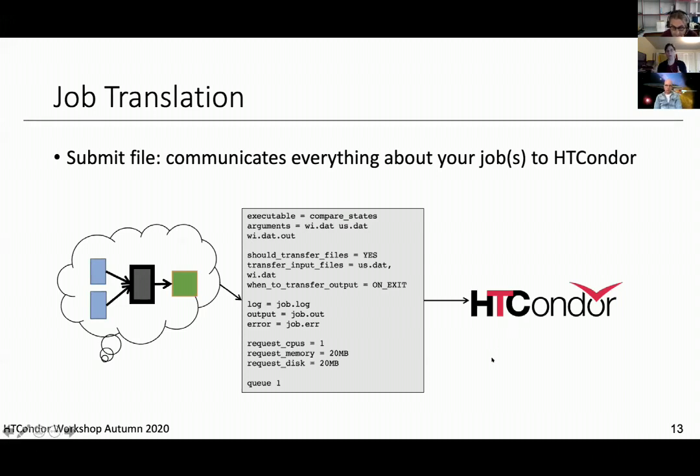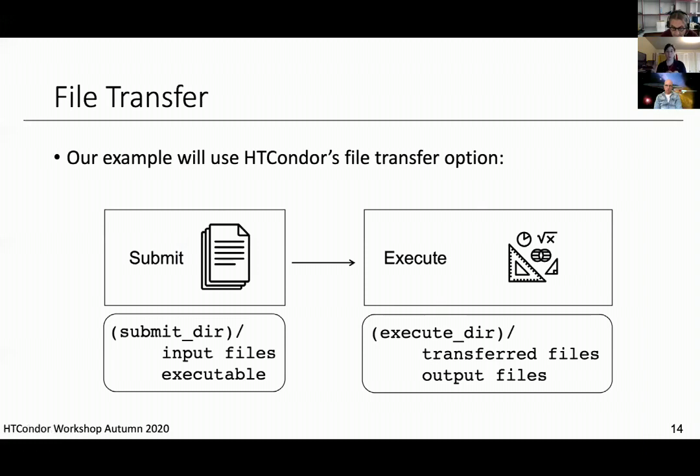So one quick note before we get to the actual submit file in the next slide: aspects of how you submit the job will depend on how your HTCondor pool has been created and configured.